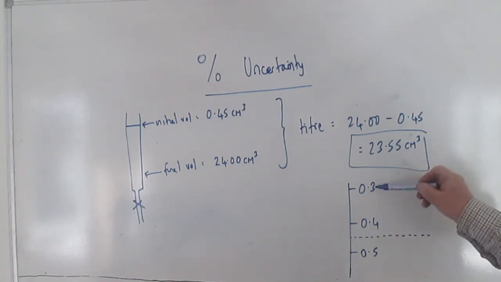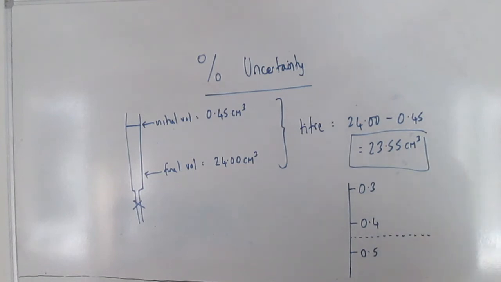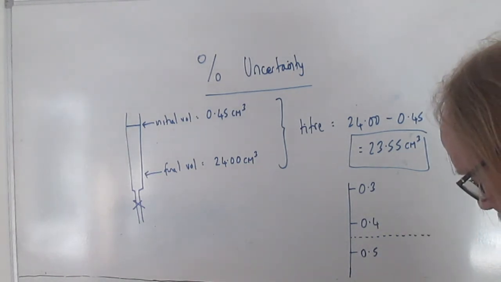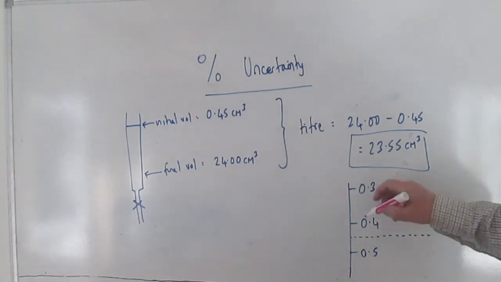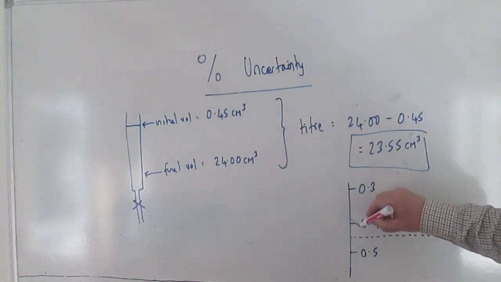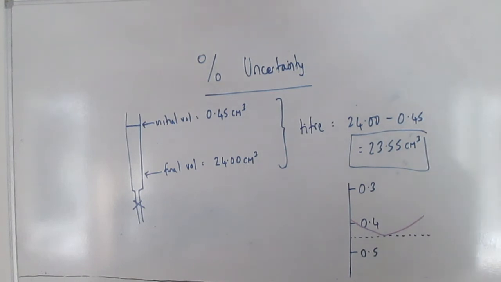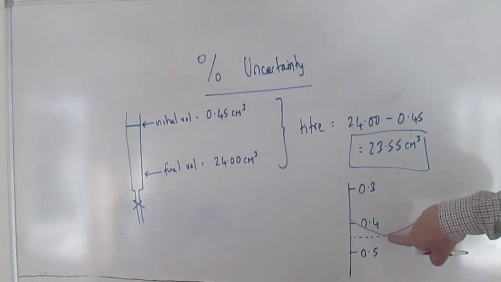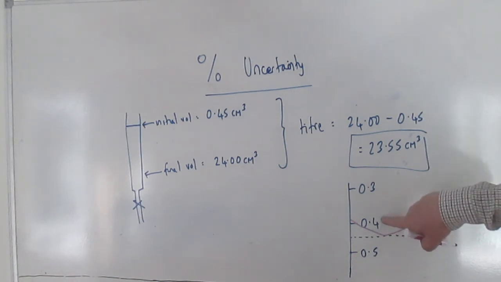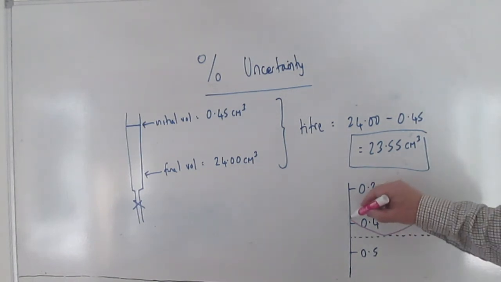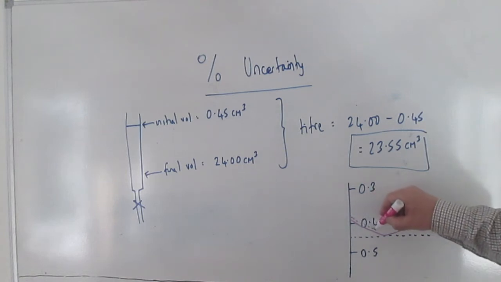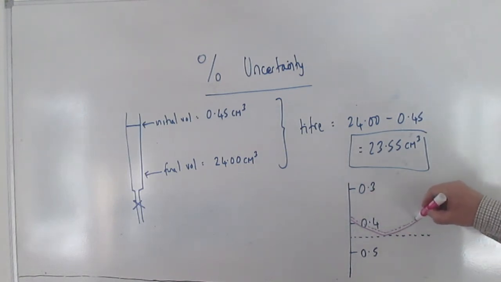Remember, the burette has gradations every 0.1, so 0.45 would mean that we thought that the volume was closest to being halfway in between 0.4 and 0.5. So we might think, oh yeah, that means that the meniscus looks like this. But of course, all we're really saying is that it's closer to 0.45 than it is to 0.40. So it might actually have been that.